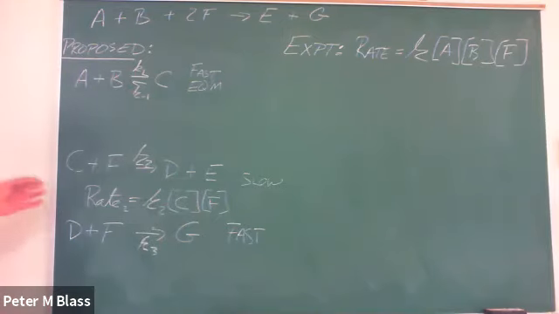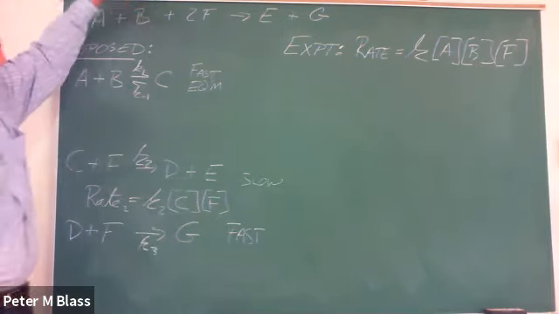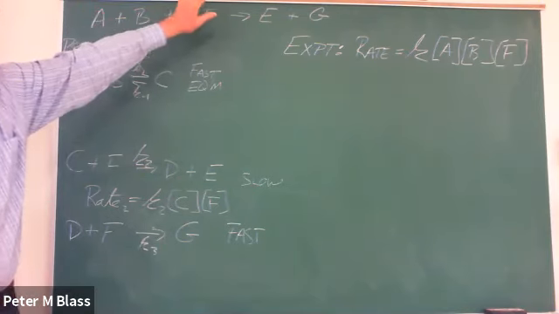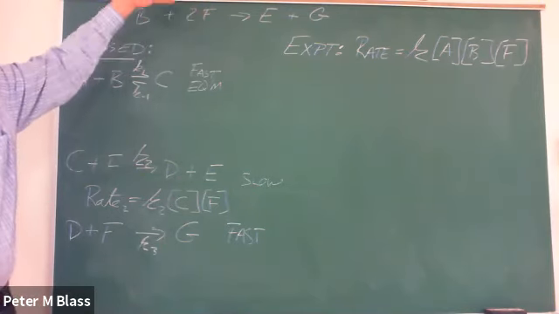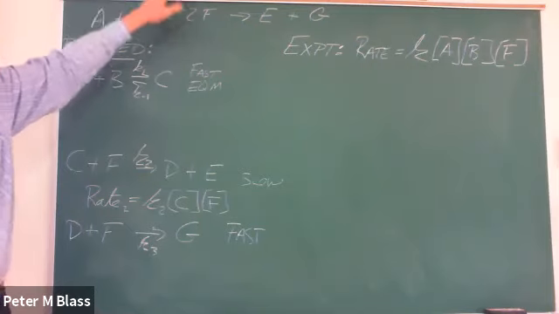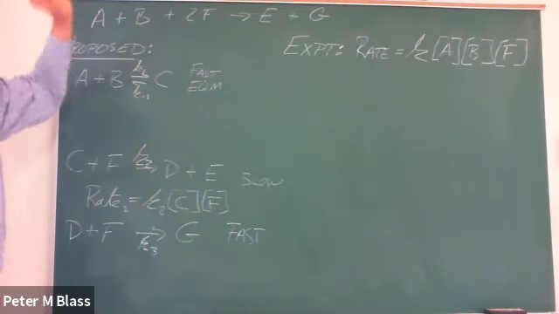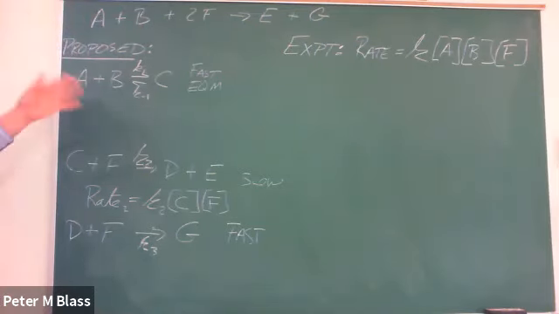And you say, well, didn't you just say you're not allowed to do it? You're not allowed to do that for the overall reaction because the overall reaction consists of a bunch of individual steps, one of which is slow. That's the rate determining step. You can do it for individual steps.